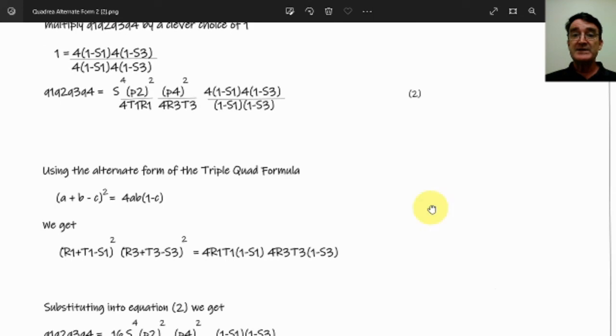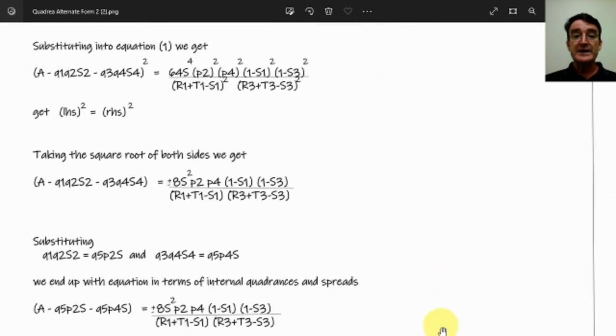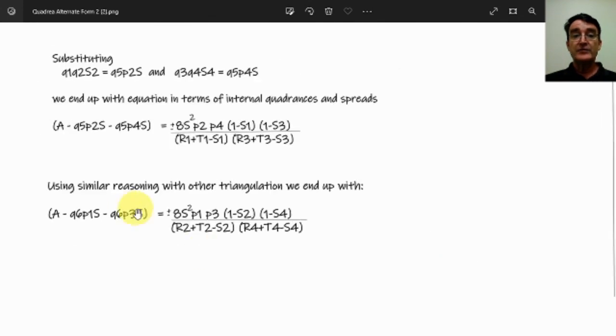And when we follow the same procedure, we end up with an equation for the other triangulation. We end up with the quadria A of the projective quadrangle minus Q6 times P1 times S minus Q6 times P3 times S is equal to plus or minus 8 times S squared times P1 times P3 times 1 minus S2 times 1 minus S4, all divided by R2 plus T2 minus S2 times R4 plus T4 minus S4.